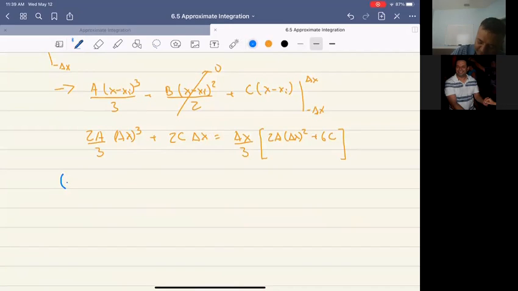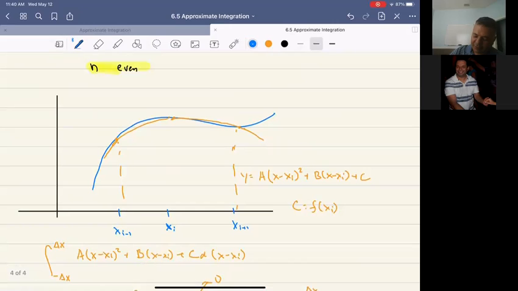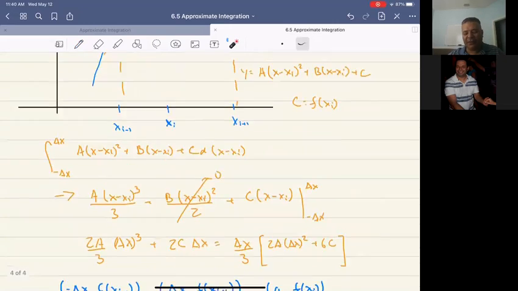We've got negative delta x, f of x_{i-1}; delta x, f of x_{i+1}; 0, f of xi. Okay, that's these 3 points. We're going to fit them to a parabola.